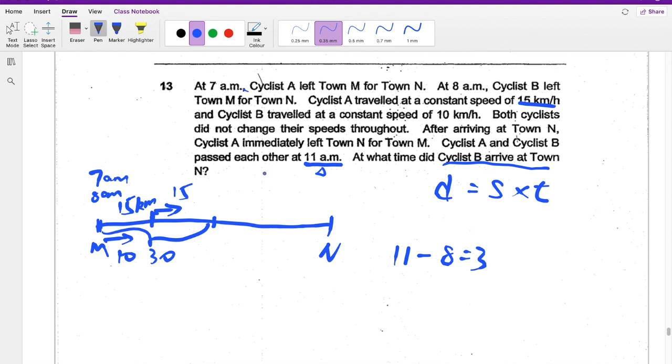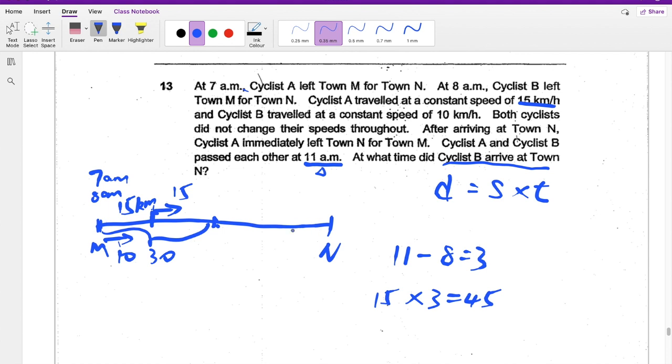Then how about A? A traveled another 3 hours, which is 15 times 3, equal to 45. Well, where is 45? From here to here and here. So here we have the 30, this is 15, and this is 45.